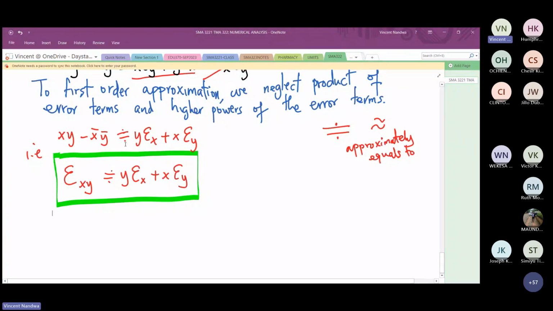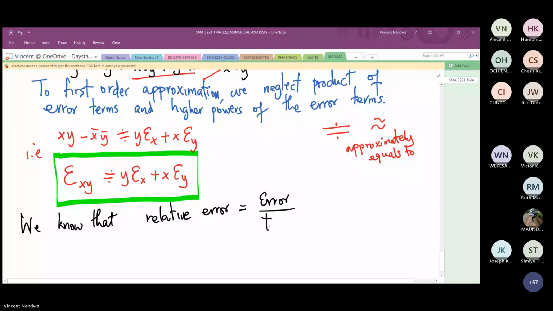We can play with this equation and say, we know that relative error is given by error over true or actual value. This is by definition.